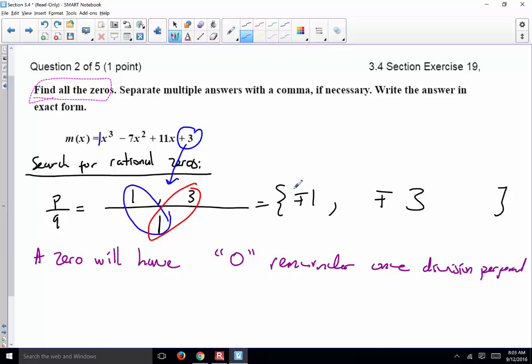So to test, for example, whether x equals minus 1 is a 0 or not, you need to test it by synthetic division. Okay? To test whether 1 is a 0, you need to test by synthetic division.